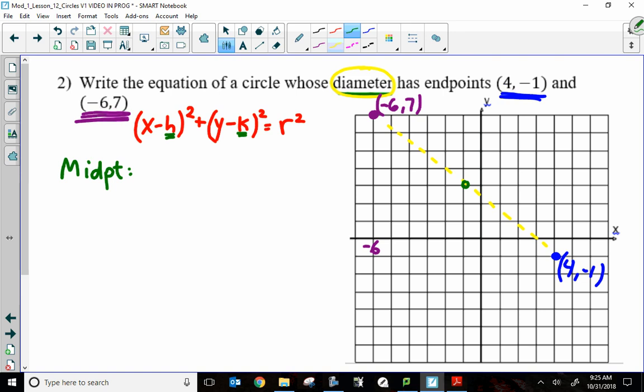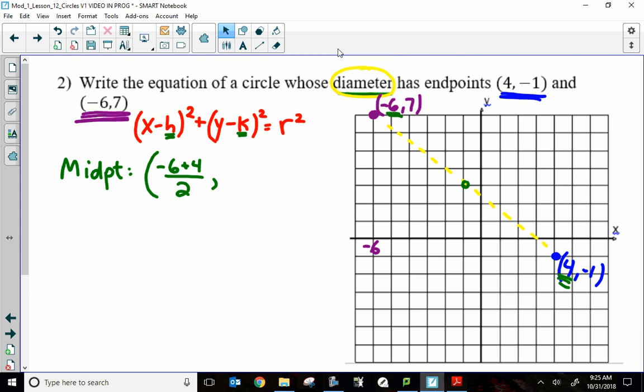I have an x that is negative 6 plus an x that is 4, and I divide that by 2. That's going to be the x value of my midpoint. And I do the same thing for the y values, meaning I take my 7, add that to negative 1, and divide that by 2. And that's how I find the midpoint.